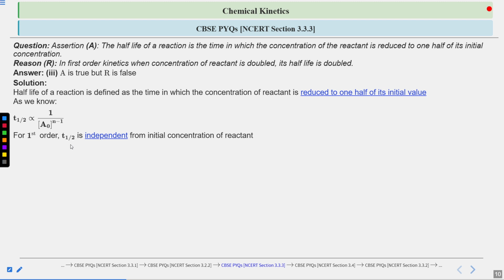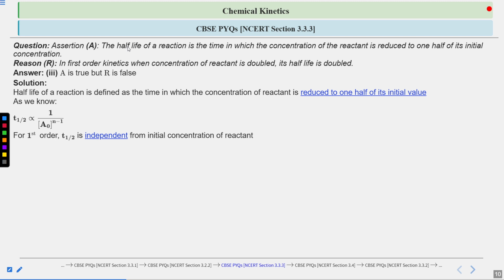Okay, so the definition says that half-life is the time in which the concentration of the reactant reduces to half of its value, right? And for a first order reaction, because we are talking about first order kinetics in the reason statement, the T half has a formula in which there is no mention of any initial concentration of the reactant, right? That means we can say that for first order, the half-life is independent of the initial concentration of the reactant.